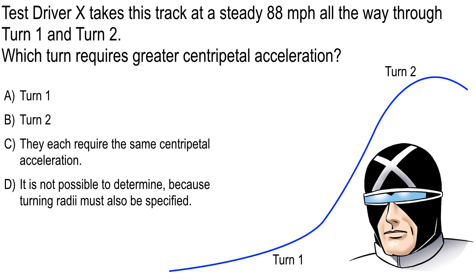I see people paging backwards in their notes. You're looking for the formula for centripetal acceleration, I bet. See, this is where having a notebook, pencil and paper, helps. Think carefully and give me your answer.